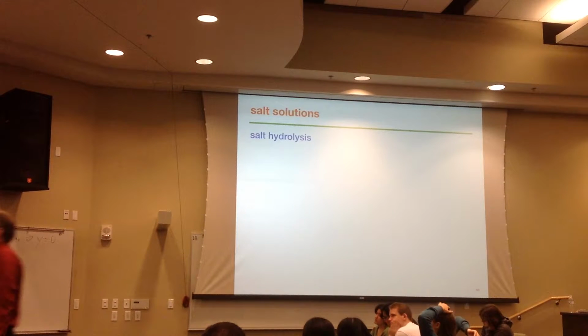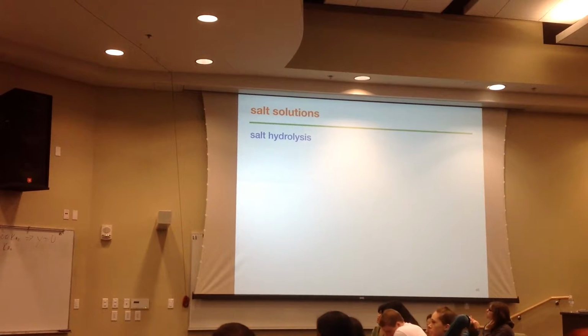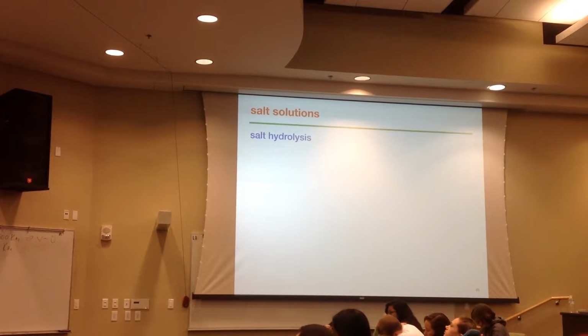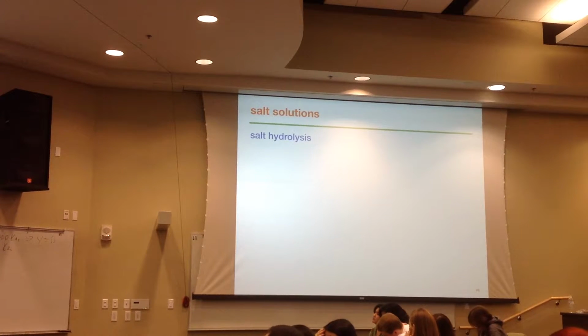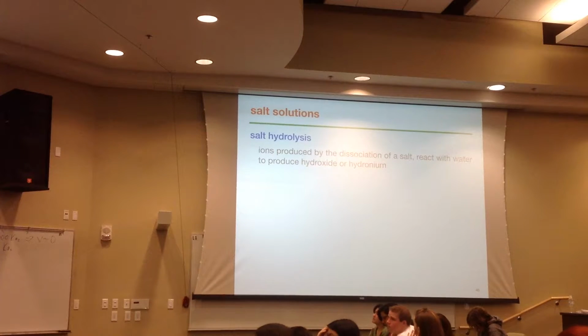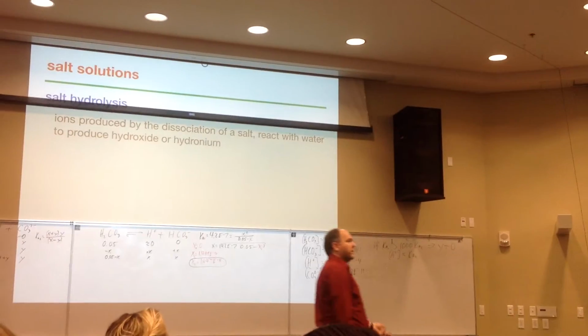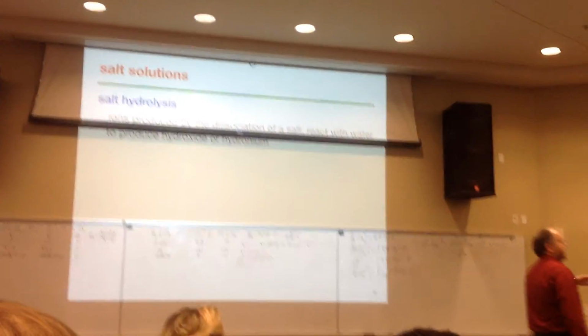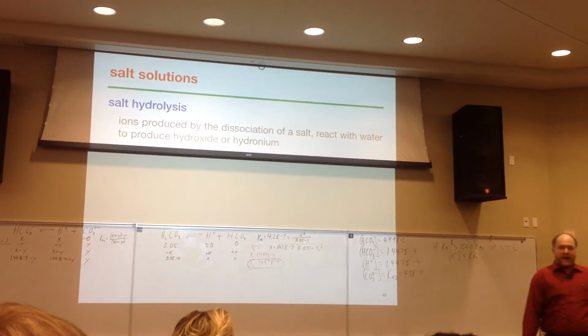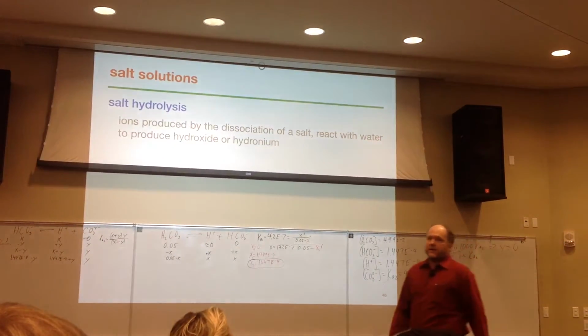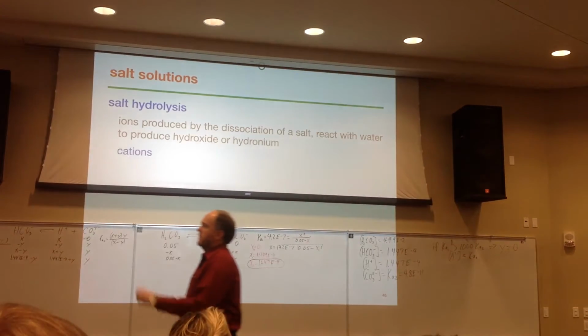Okay. So, salt hydrolysis. Salts react with water. Really? Well, yeah. Especially if the ions that are produced when I dissociate it in water are the conjugate acid or the conjugate base of a weak base or a weak acid, respectively. They can produce hydronium and hydroxide.